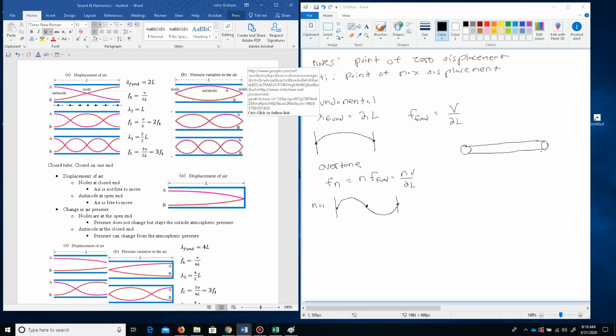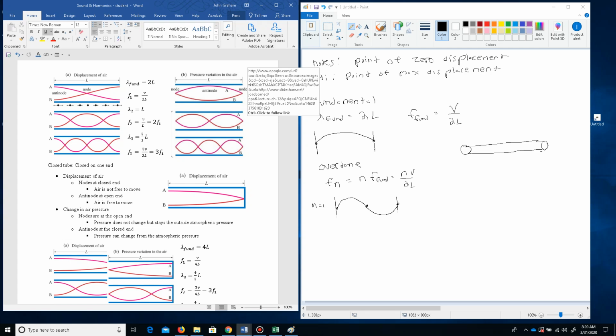Or in this case, it's opposite. You still have the antinodes on the outside, but instead of 1 node in the middle, you have 2 nodes in the middle, and you get a full wavelength. This will actually look more like a cosine wave here. Then we go to 3, and we add 1 more node, and this becomes 1 wavelength and then a half a wavelength.